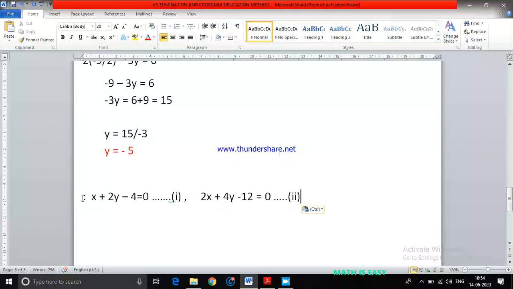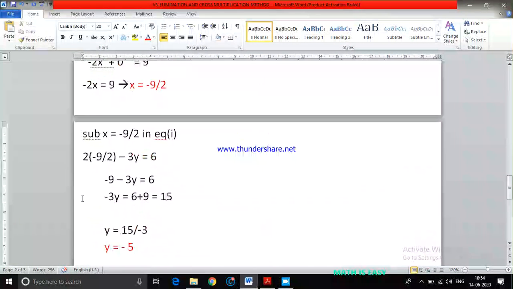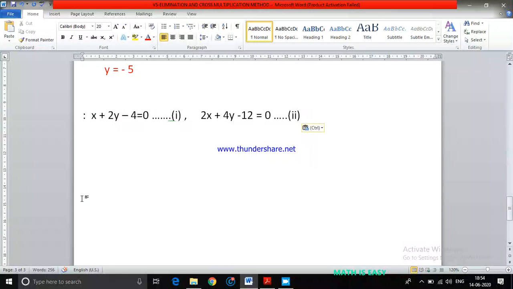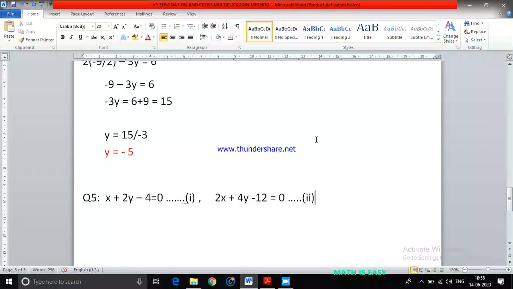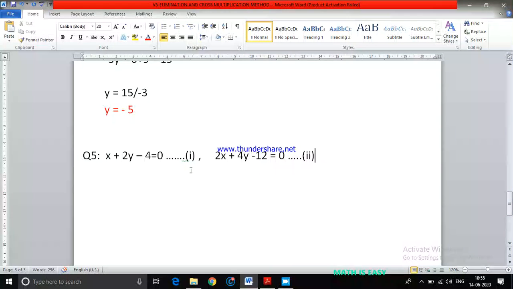Okay, this is question number 5. Use the elimination method to solve this question. Because I know this system of equations has no solution. If there is no solution and I use the elimination method, how is it going to look? See here, this coefficient is 2x.